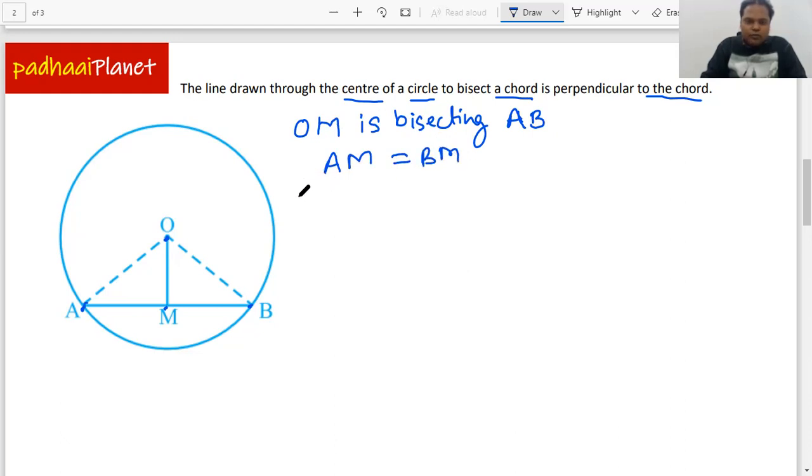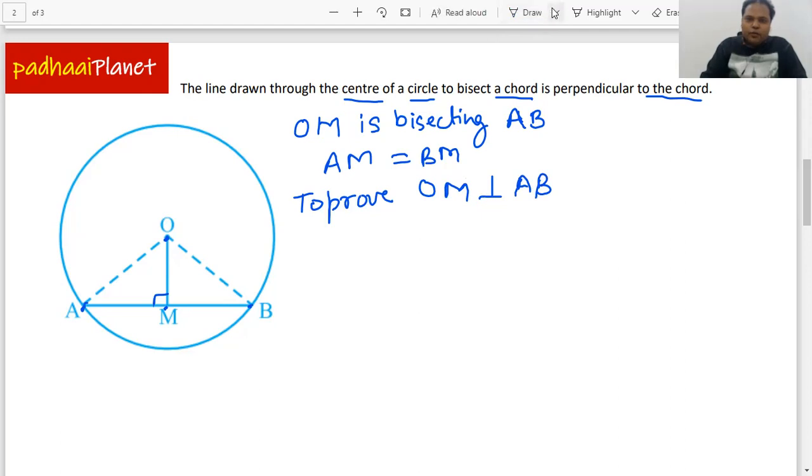What we need to prove is that this angle is a 90-degree angle, or we can say that OM is perpendicular to AB. This is what needs to be proven.